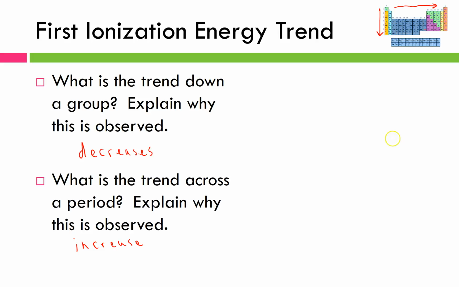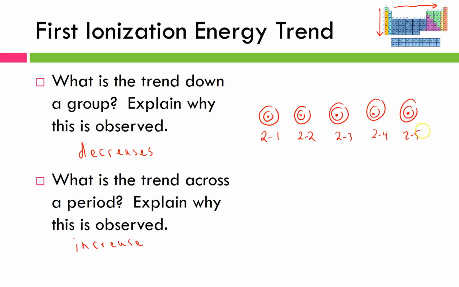We'll go back and look at period 2, where we've got lithium, beryllium, boron, carbon, and we'll throw one more in there for good measure, nitrogen, and we know we've got 2-1, 2-2, 2-3, 2-4, 2-5, and ultimately we have an ever increasingly strong nucleus based on the elements that are present.